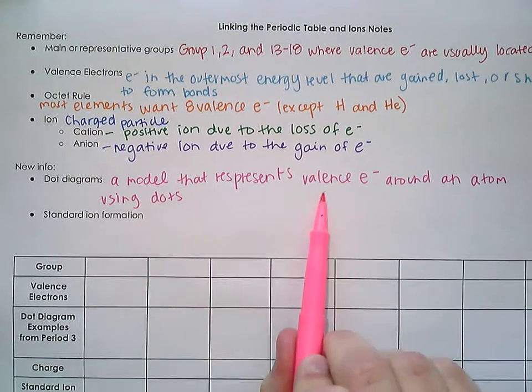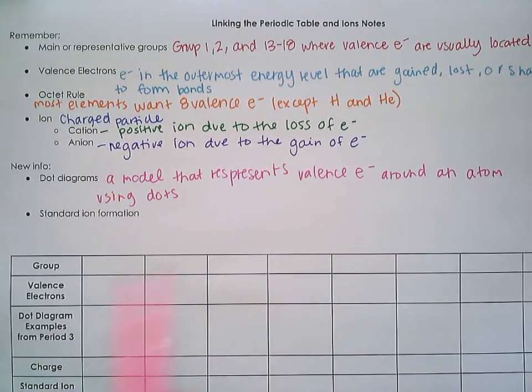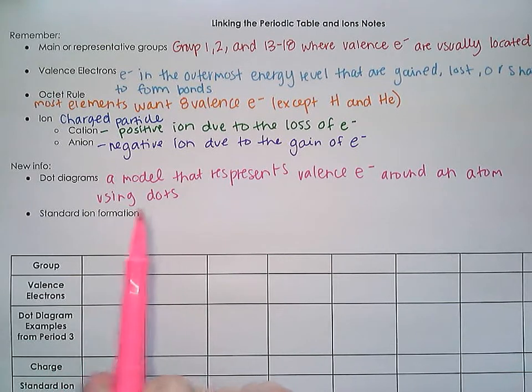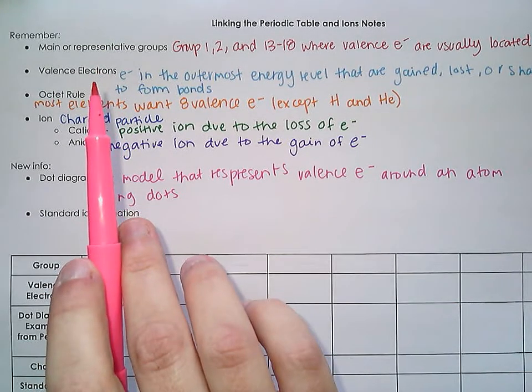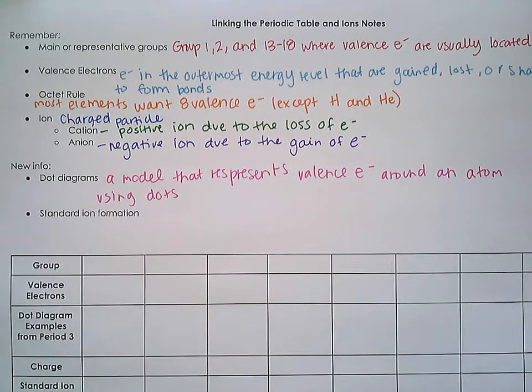So I'm focusing on my valence electrons, how many I have, what element it is, and representing that by dots. We're going to do a whole row of examples right here, so I'm going to hold off on examples, but you'll see how we're going to connect these valence electrons to these dots. When we get to ionic bonding, I'll also show you a little bit of how we're going to use those dots to help us see how bonding is happening.